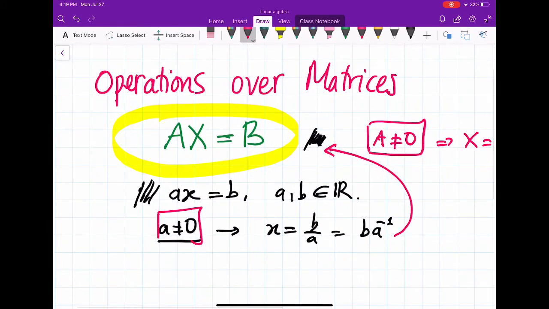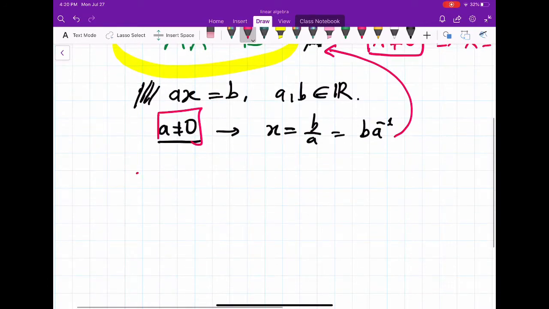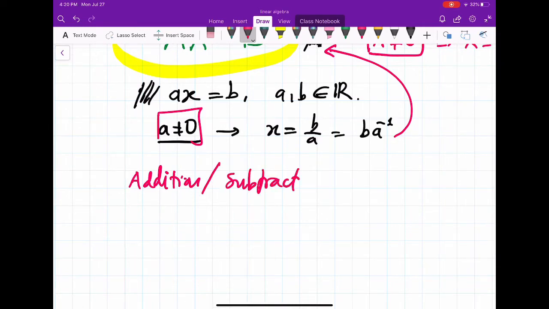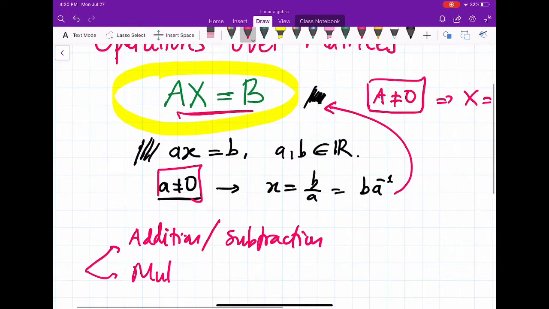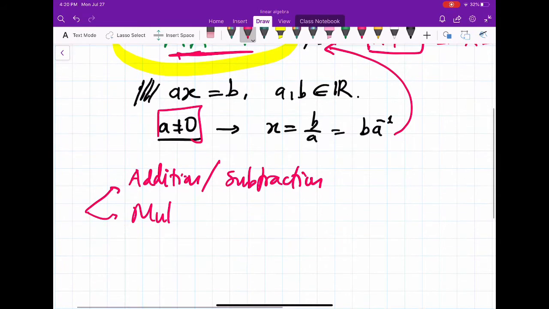Based on this picture, you would think that, yes, if you consider matrices, we also have different operations over matrices like numbers: addition, subtraction, and then multiplication. That's what we already see right here, A times X, right?